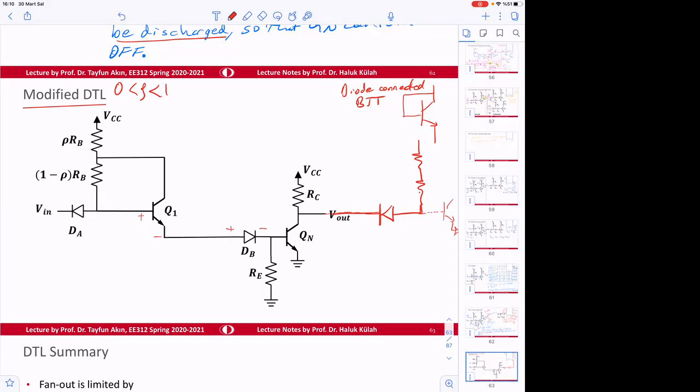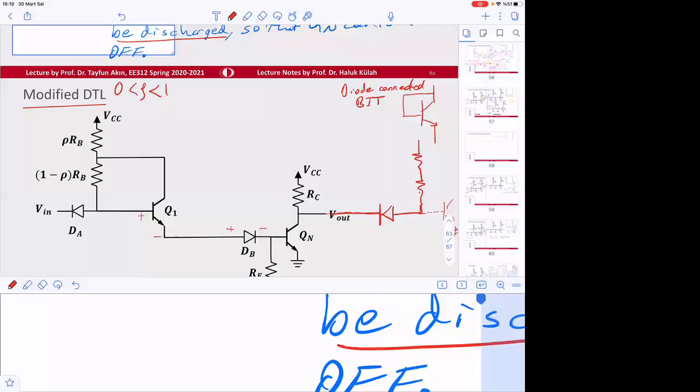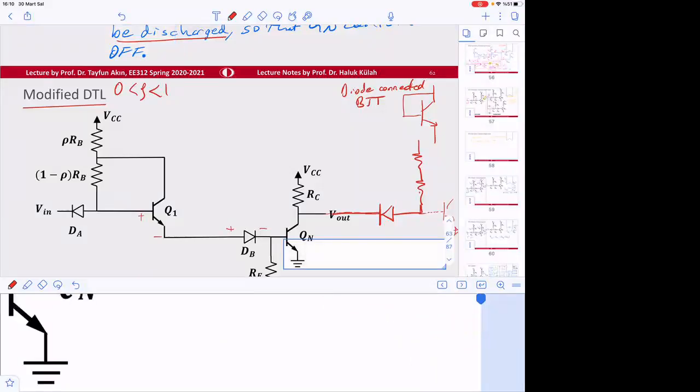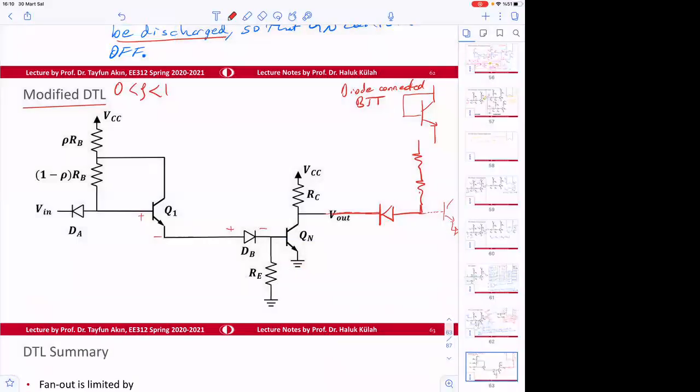So the fan out was limited for the output low case. So the output low case is this one, low, okay? So when does this happen? This is in saturation. When this is in saturation, okay, I just draw similar next gate, okay? So there will be maybe one more of this thing, and then one more of this thing. But you know, I'm interested in this I in prime current.